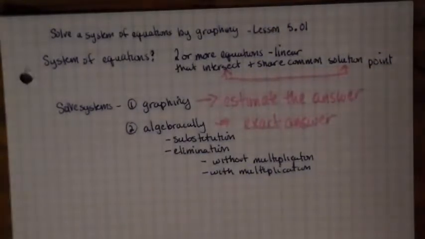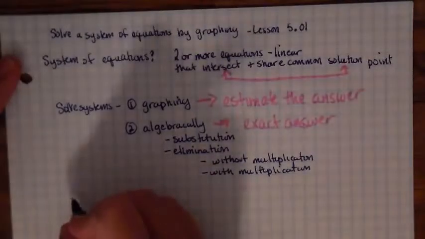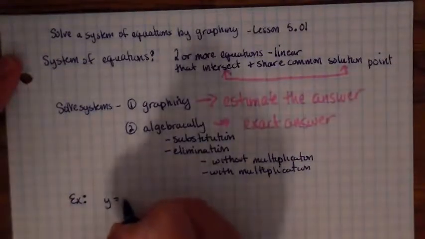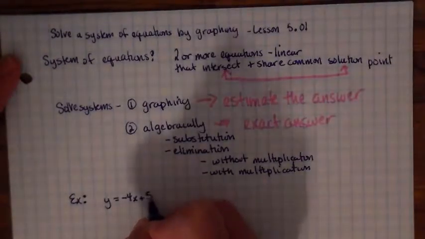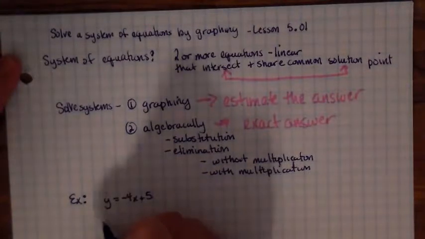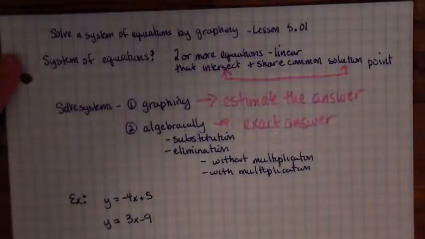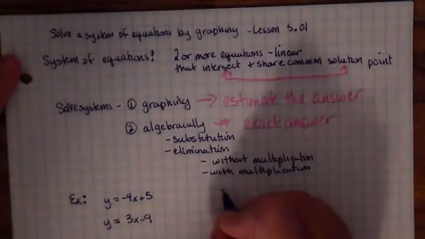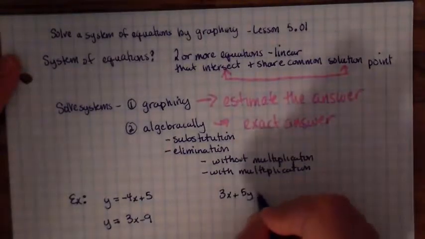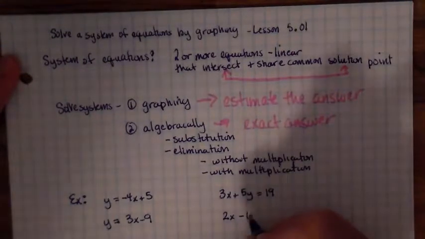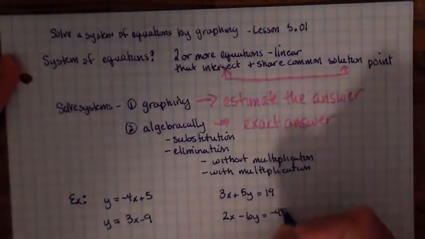So in order to continue our discussion about what a system of equations is, an example of a system of equations could be y equals negative 4x plus 5, y equals 3x minus 9. That's one system. You could have something like 3x plus 5y equals 19 and 2x minus 6y equals negative 48.